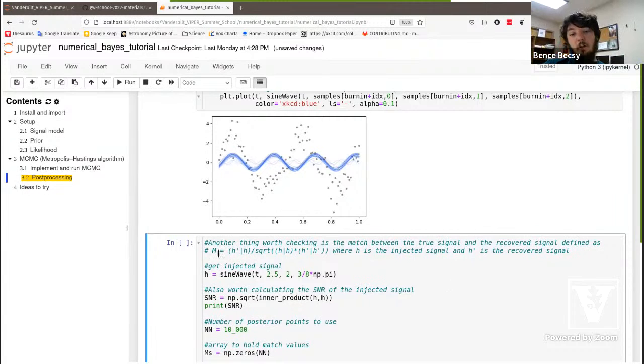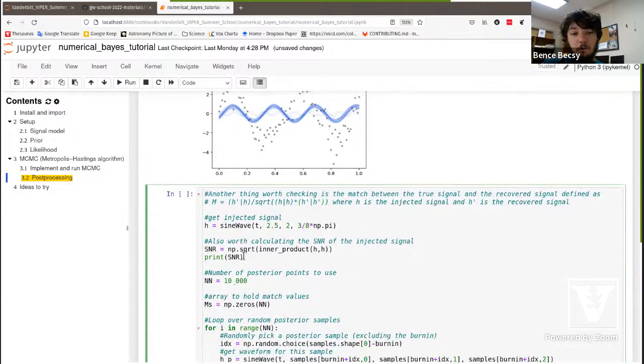This match is defined as the inner product between the injected and recovered signal, normalized by the inner product of the signal with itself and the recovered signal with itself. So this match is always between -1 and 1, and the closer you get to 1, the better you are recovering the true signal.